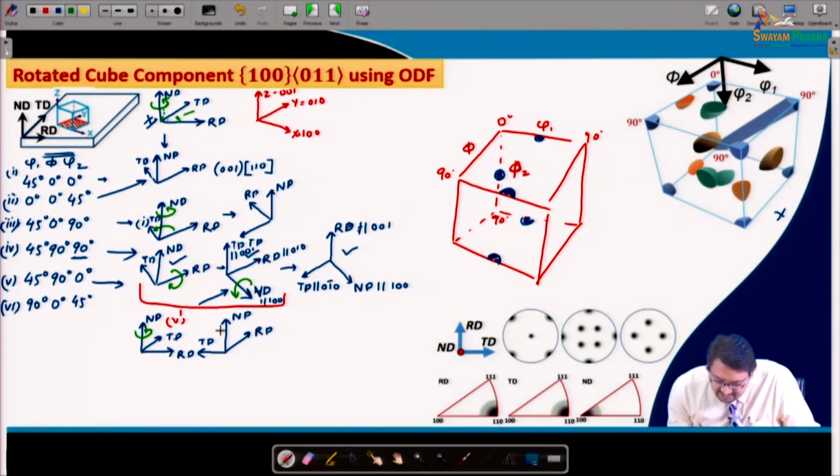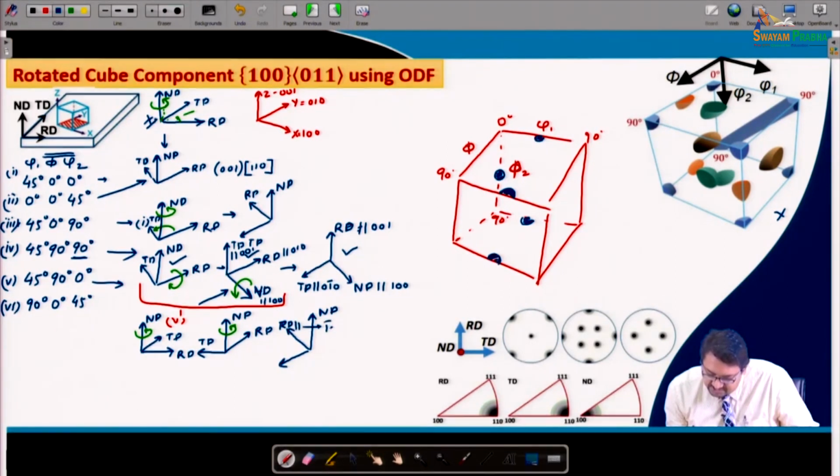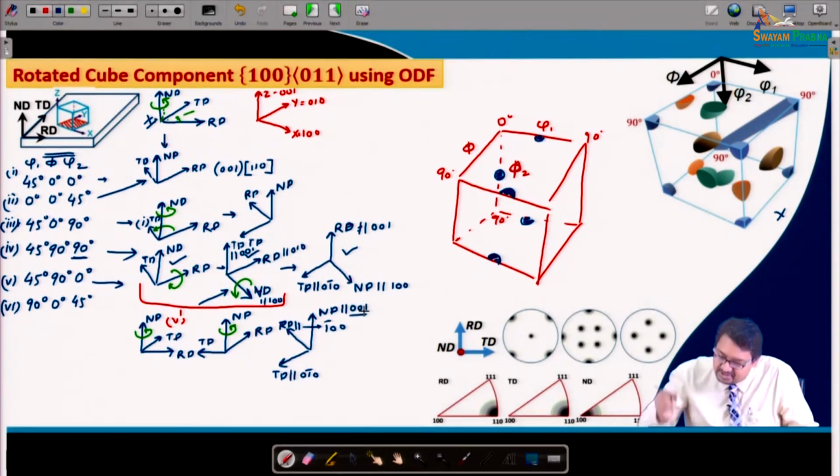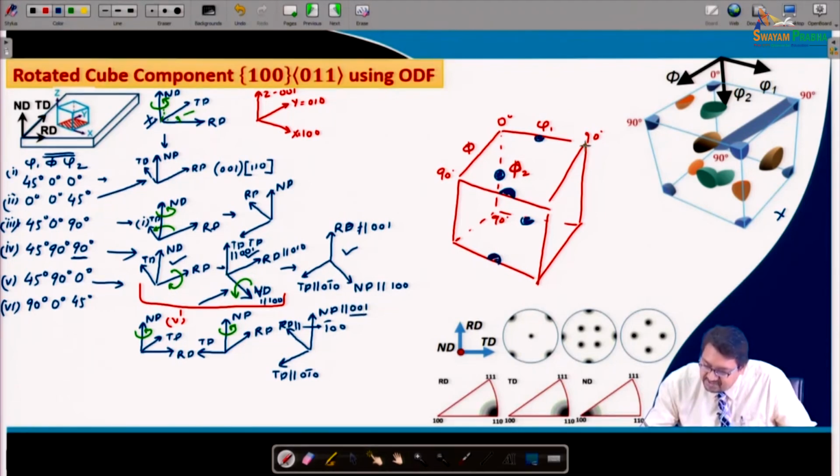When we give this rotation of 45°, ND will remain at the same position, whereas the RD will change and become here, and the TD will form here. So, RD becomes parallel to 1 bar 0 0, TD becomes parallel to 0 1 bar 0, and ND always remains parallel to 0 0 1. So, this situation can be observed at phi 1 equal to 90°, phi equal to 0° and phi 2 equal to 45°, that is this position.